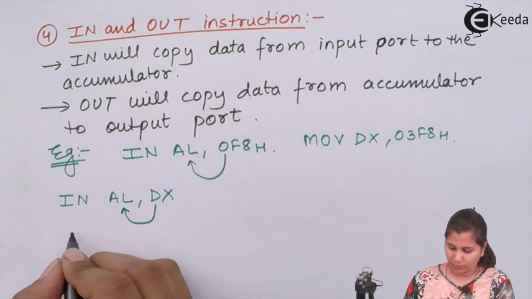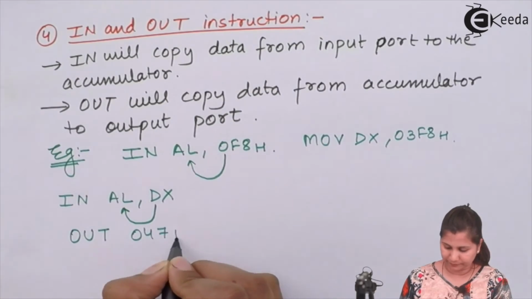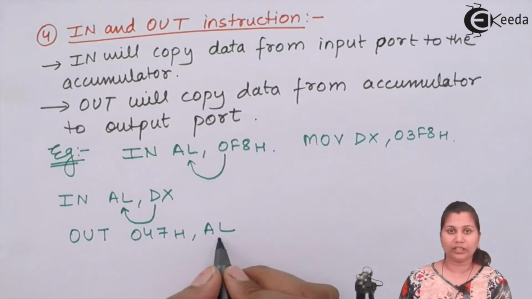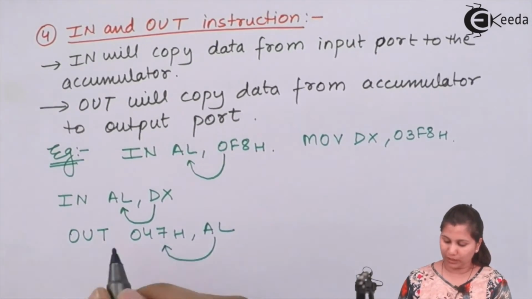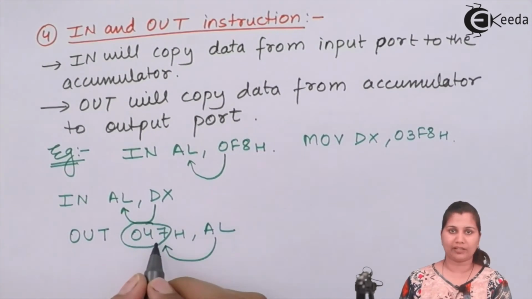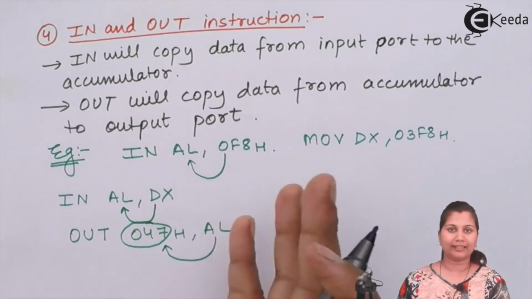Okay, for OUT similarly we have OUT. So here the contents of the lower order accumulator register, AL, will be stored at an output port whose address is 047H. Okay. Again here also we can have indirect addressing.